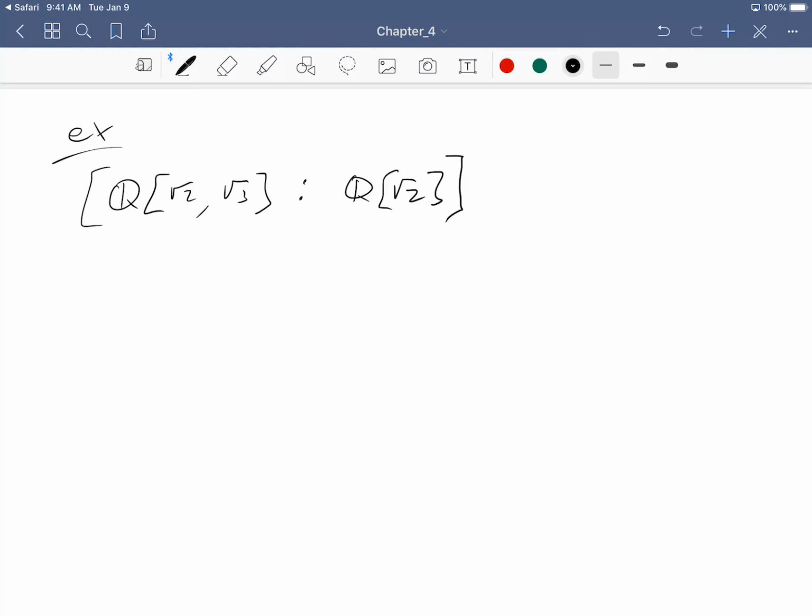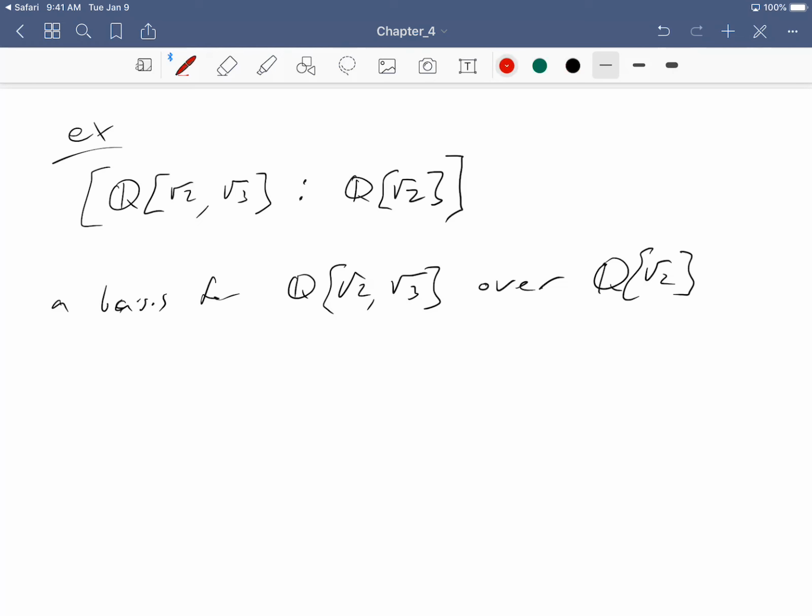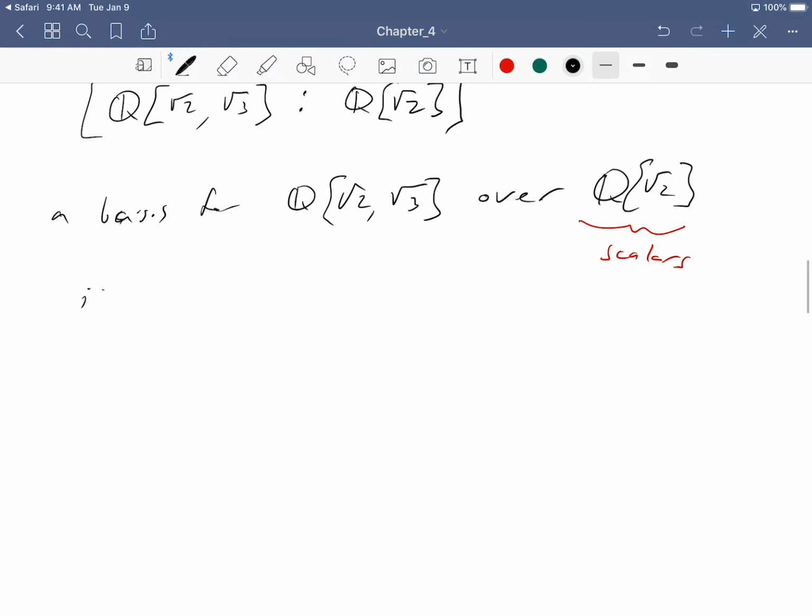So what this means is we're going to think about a basis for Q(root 2, root 3) over Q(root 2). And so our scalars are going to come from Q(root 2) instead of just from Q.